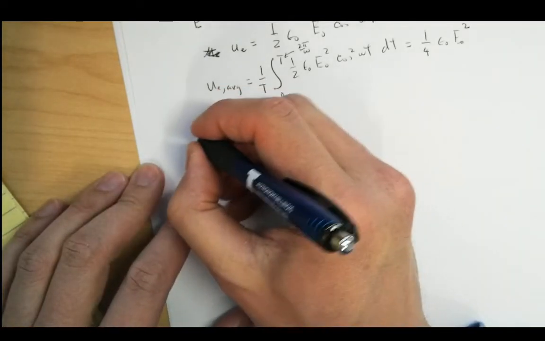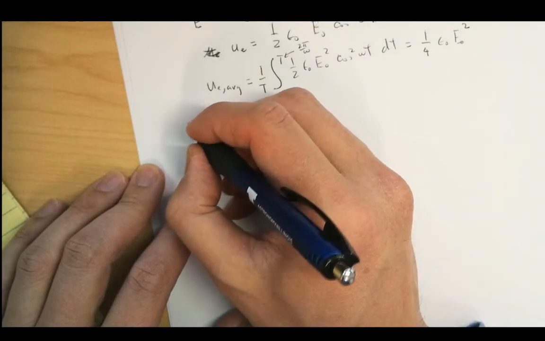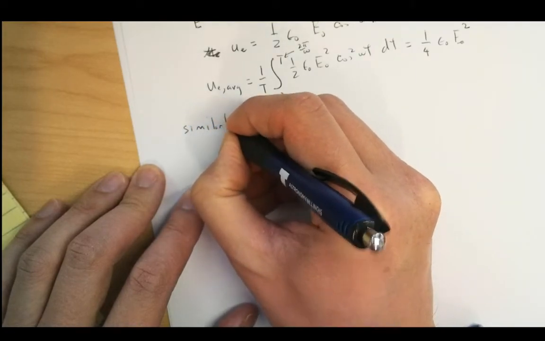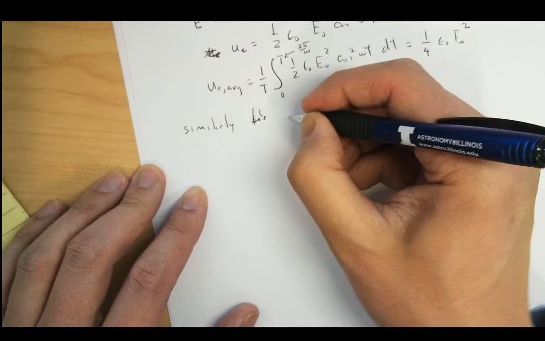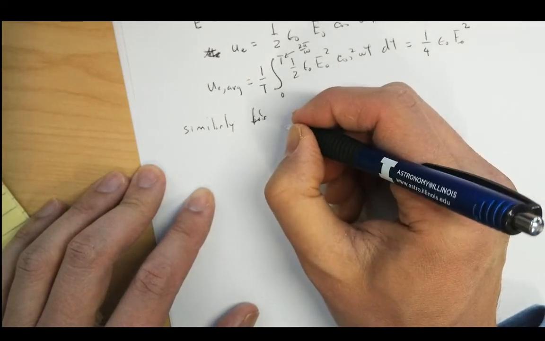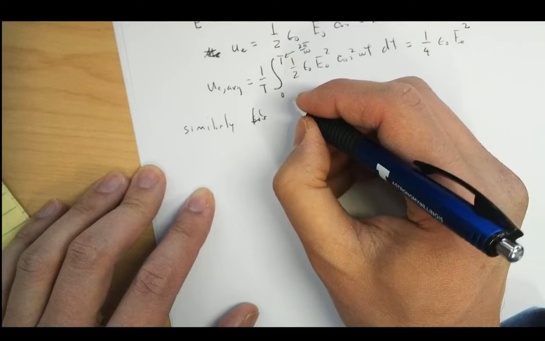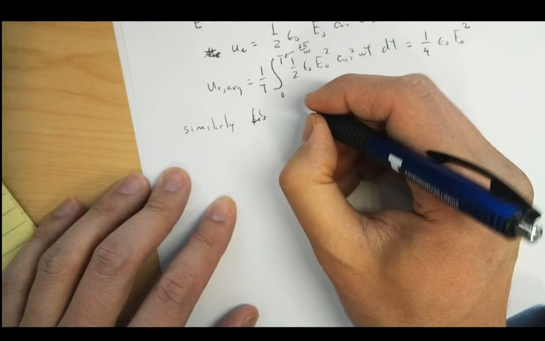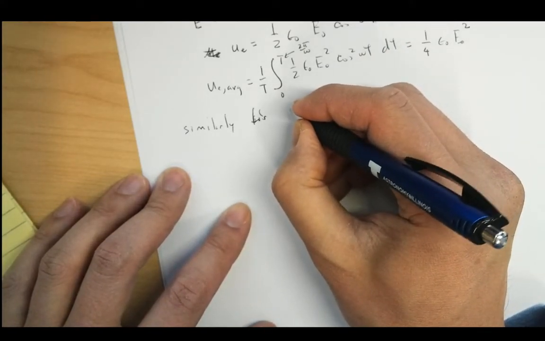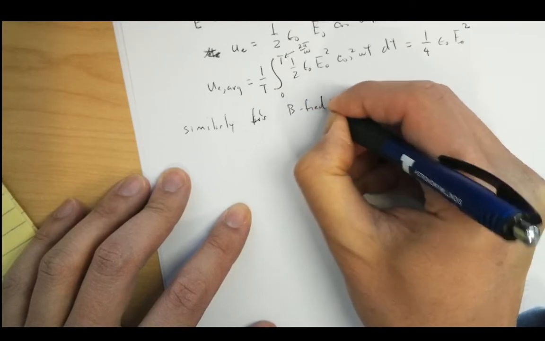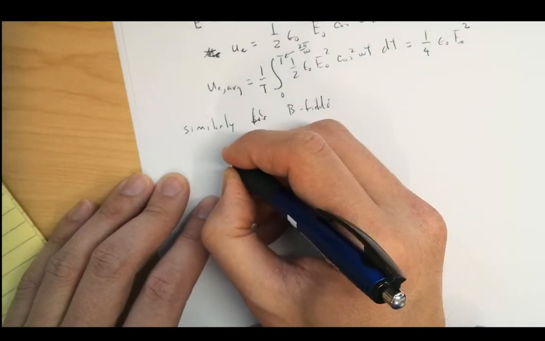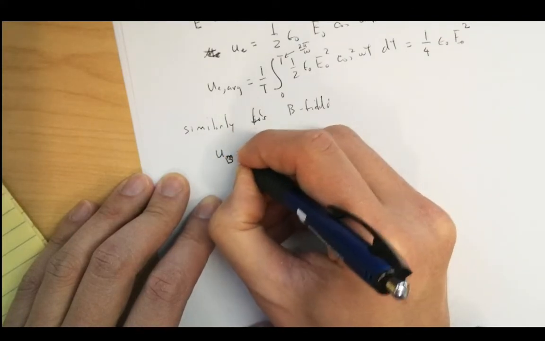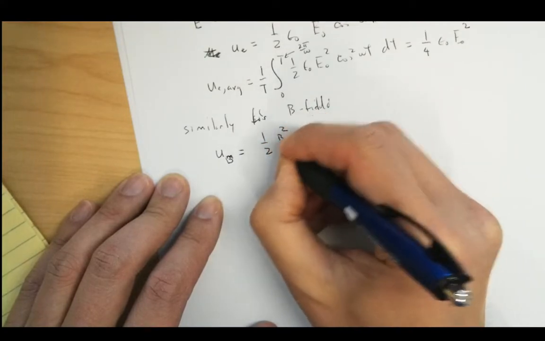Now similarly for the B field, UB is equal to 1/2 B squared over mu.